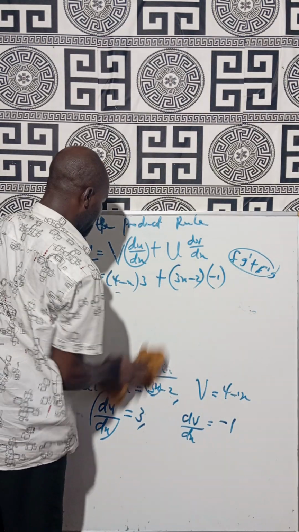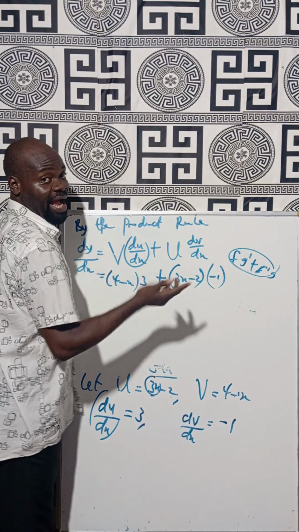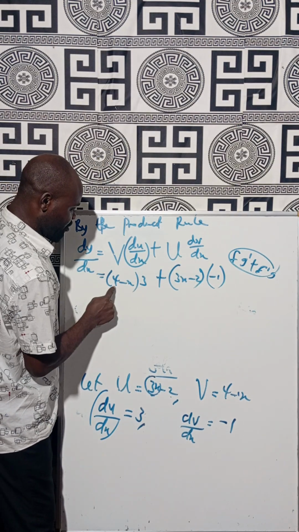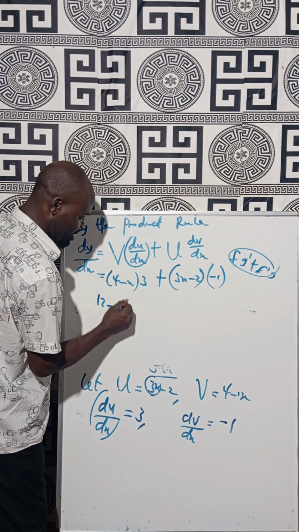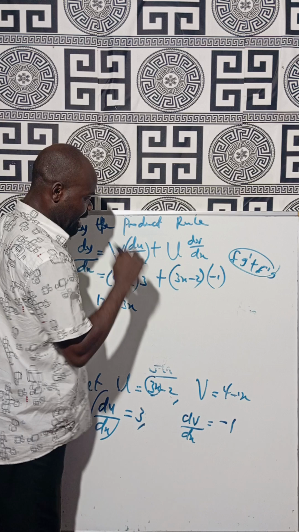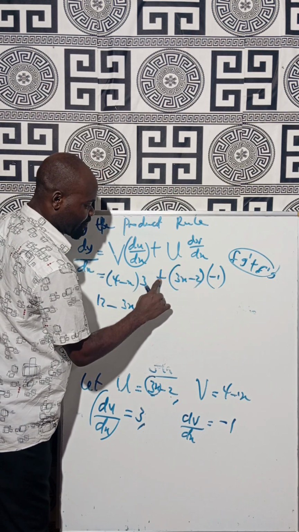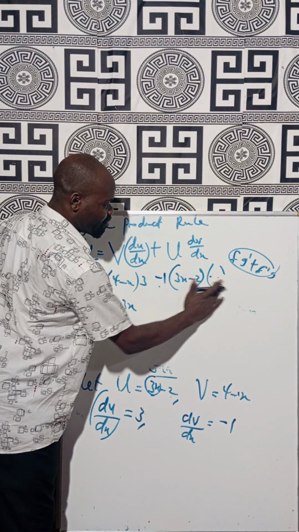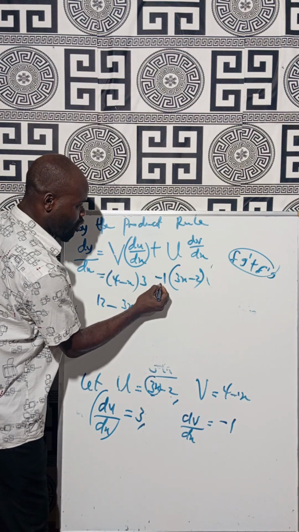Don't forget that this 3 can also be in front by the commutative law of multiplication. So 3 times 4 is 12, and 3 times x is 3x. Now there's a plus here and a minus 1, so plus times minus is minus 1.